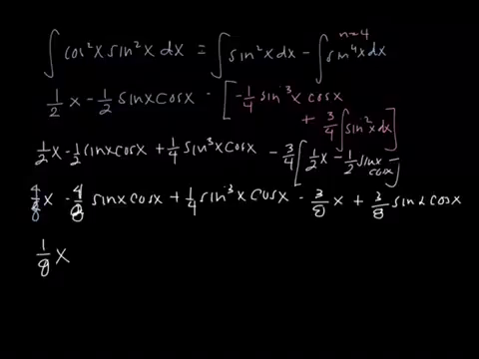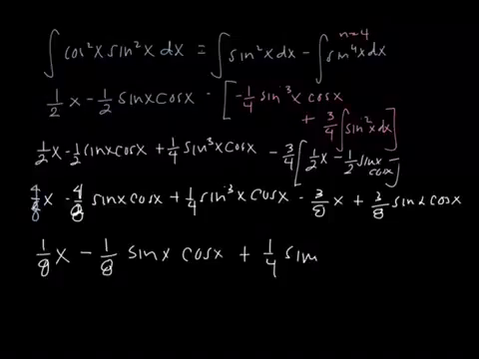Negative 4/8 plus 3/8 is minus 1/8 sine x cosine x plus 1/4 sine to the third of x cosine of x.